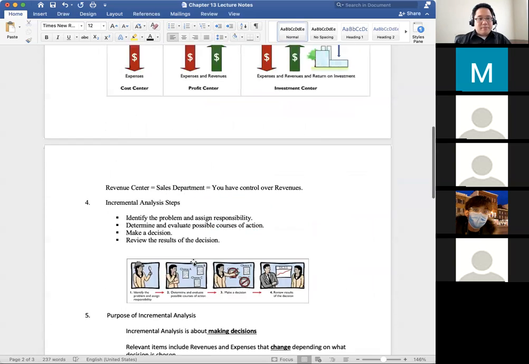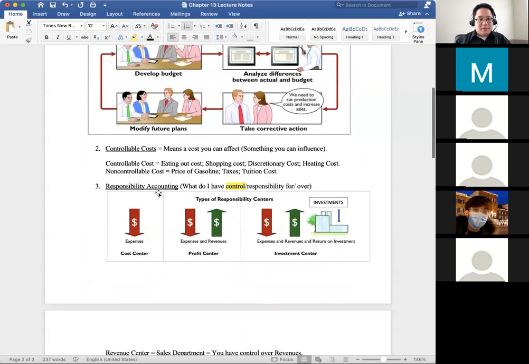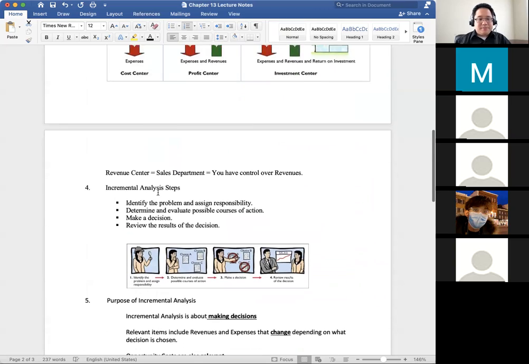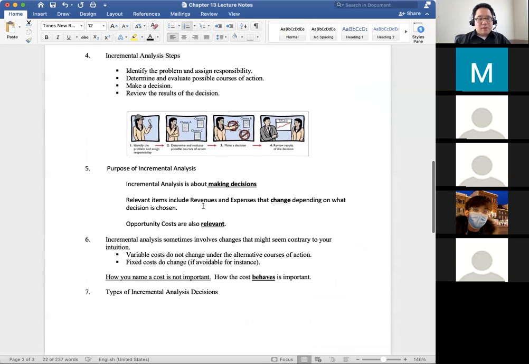Okay, let's talk about the first major concept area for today, incremental analysis. So incremental analysis is something you have control over. And incremental analysis is basically a four-step process. Okay, so I found this diagram from a different book. It looks kind of funny, so I put it here.